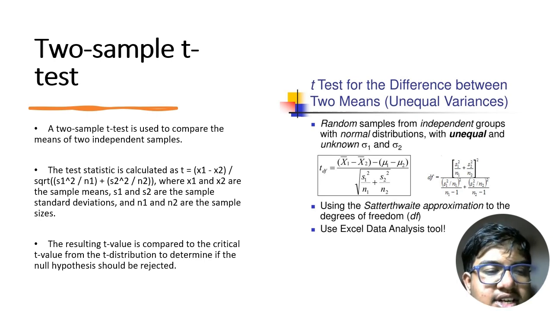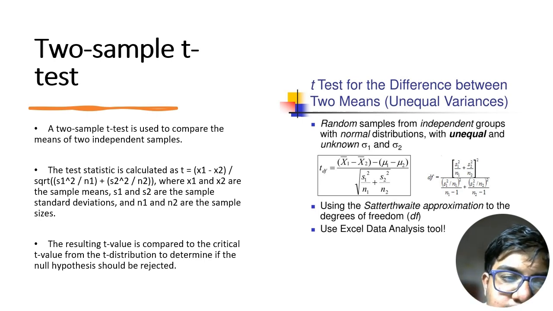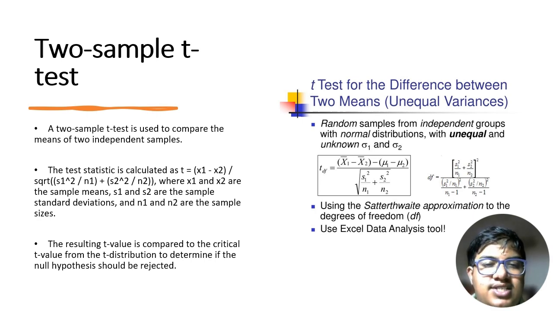The resulting t-value is compared to the critical t-value in the t-distribution to determine if the null hypothesis is to be rejected or accepted. As I said, in a two sample t-test you compare the means of two independent samples. If you take manufacturing, there's company A and company B, while in the one sample t-test, there's only company A, that's all.